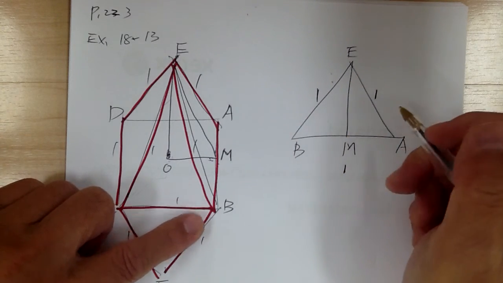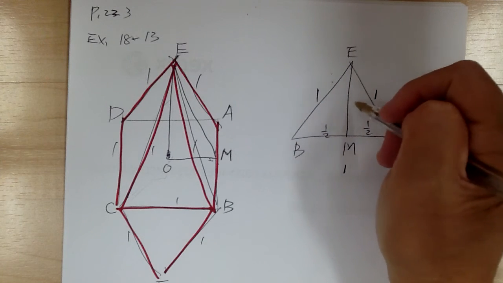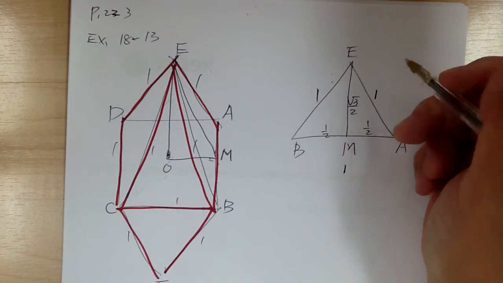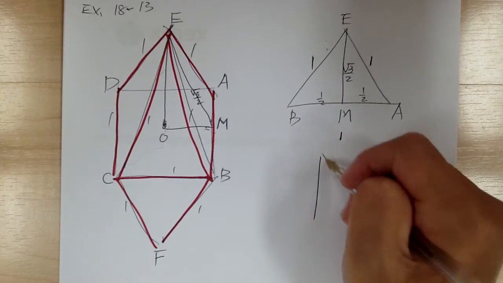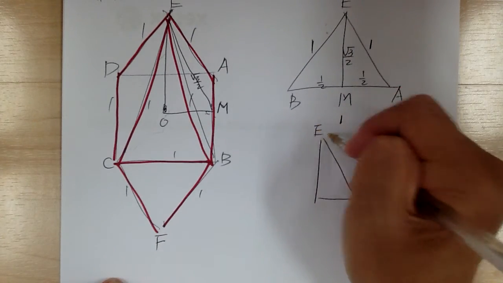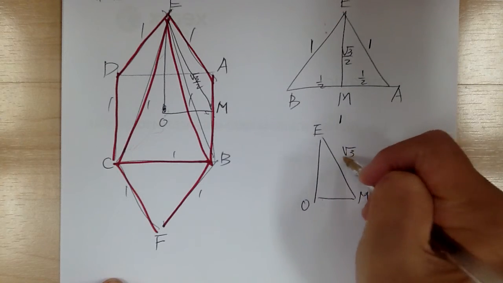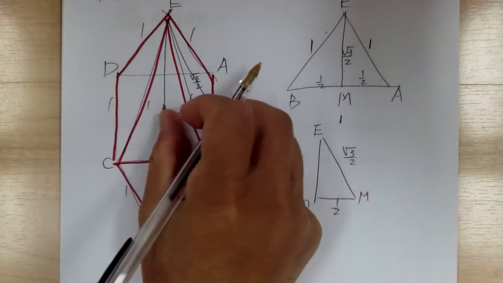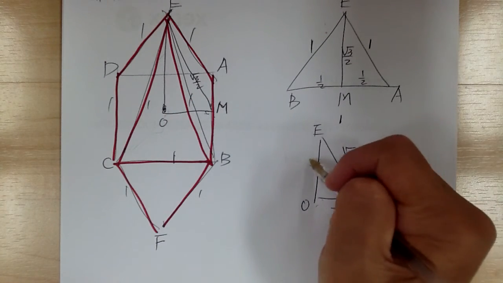So this would be 1/2, 1/2, and so EM would be square root of 3/2. So now after that you look at the E, so you have to turn it around, EMO. So this is square root of 3 over 2, and this would be 1/2, right? Because this is 1, so this is half, right? And so EO would be the H.